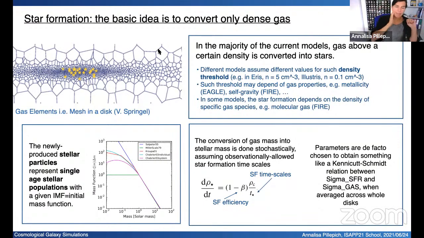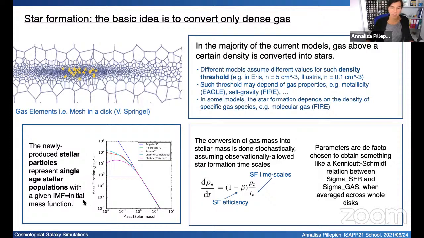Inside it, we can sample stars of different masses, not just sun-like masses, but 0.1 solar masses, or even 10 solar masses, or 100 solar masses. At the beginning, when a stellar particle is formed, we need to decide the initial stellar mass function. And in this plot here, I just show you some possible initial mass functions.